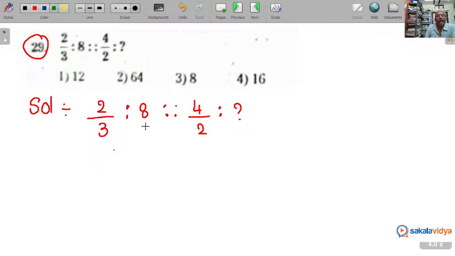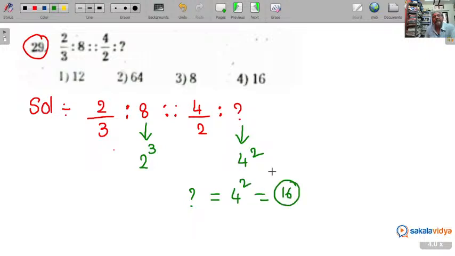Here numerator to the power of denominator, you can write 2 cube, you will get 8. So the question mark will be obviously 4 square, 16. Our answer will be 16 as per our pattern. Right, 16 is the right answer.